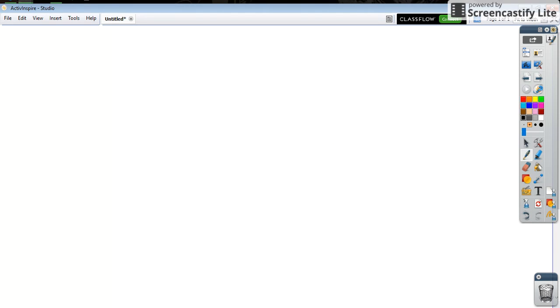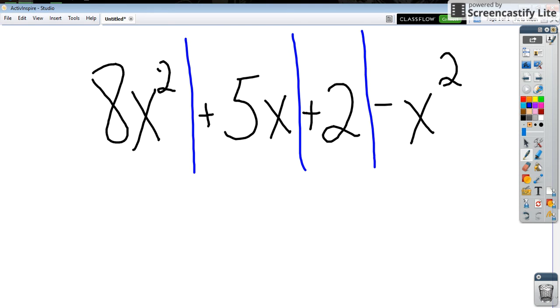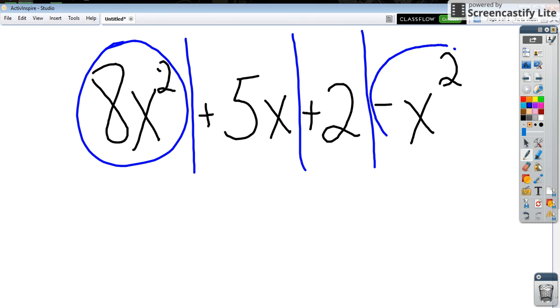To look at another example, I'd like to point out an example like this. Let's say we had 5x plus 2 minus x. Let's make this an 8x squared minus x squared. Now, some of you would look at this and say, well, we've got x squareds here and we've got x squareds here, but there's an x here, so maybe those are like terms.